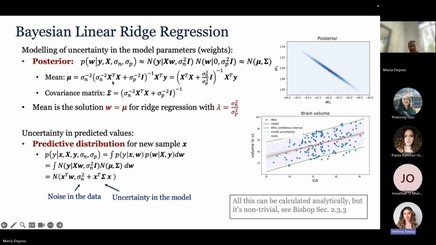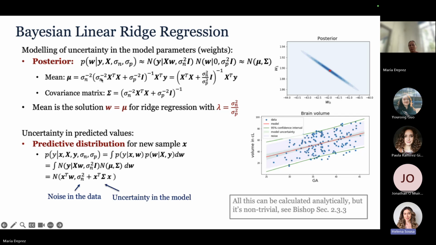So it's like ridge regression, but you see that you have this I, so the ridge penalty is weighted by sigma p to the power minus 2, and this side is also weighted by the noise in the data. This is the prior on the weights, and this is the noise in the data, or sometimes they call one over it precision rather than noise.